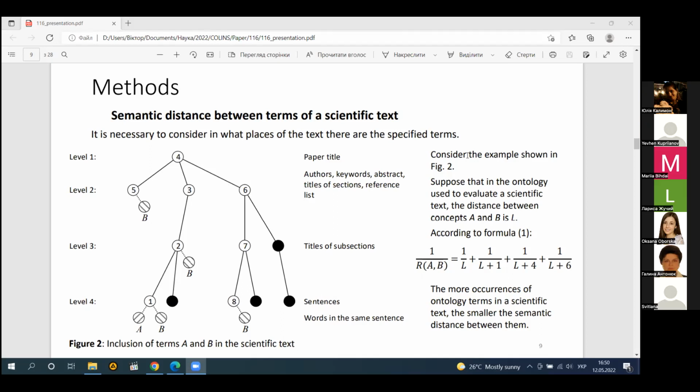Consider the example shown on this slide. Suppose that in the ontology used to evaluate a scientific text, the distance between concepts A and B is equal to a. According to formula 1, the distance will be calculated by this formula. Then the more occurrences of ontology terms in a scientific text, the smaller the semantic distance between them.